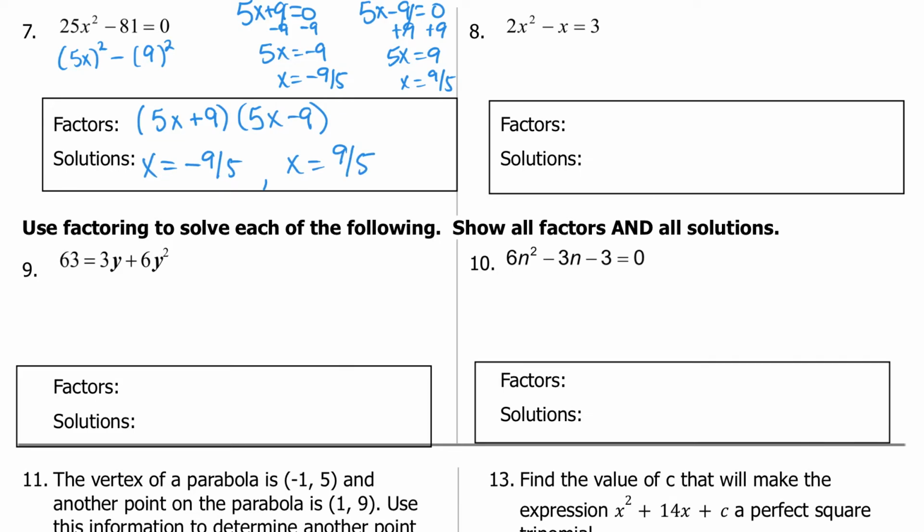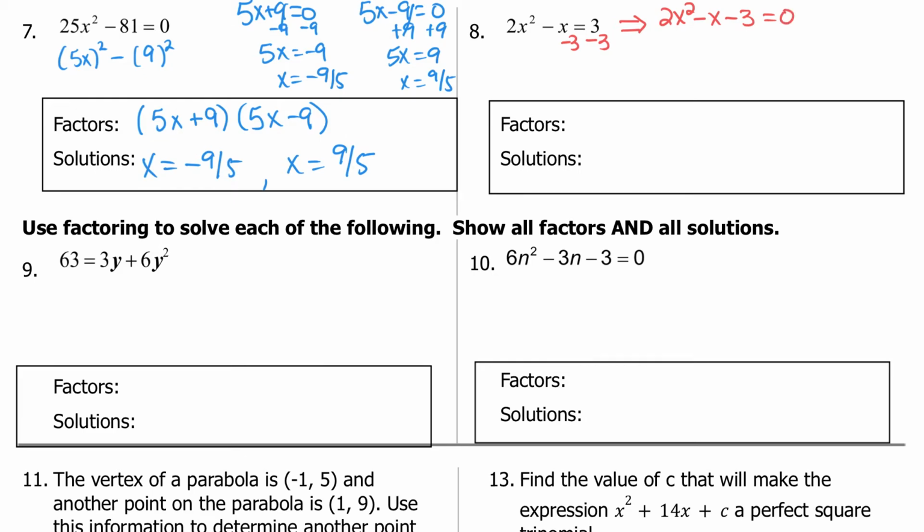All right, let's look at the next one. So 2x squared minus x equals 3. Well, the first thing, I have to get it equal to 0, so I would have to subtract 3 from the other side, and so then you would have 2x squared minus x minus 3 equals 0.